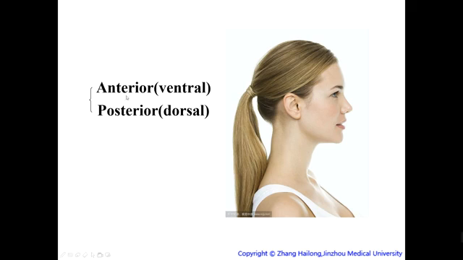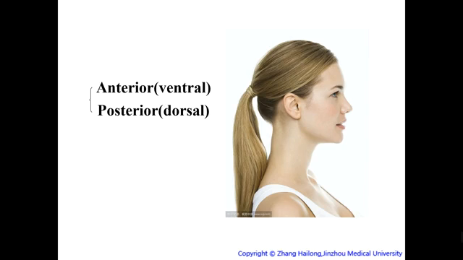The second pair is anterior and posterior. What's anterior? Anterior means the structure is closer to the abdomen, the anterior part, and near to the back is the posterior part. So another name for anterior is ventral. Another name for posterior is dorsal. Now I give you an exam: nose and ears.